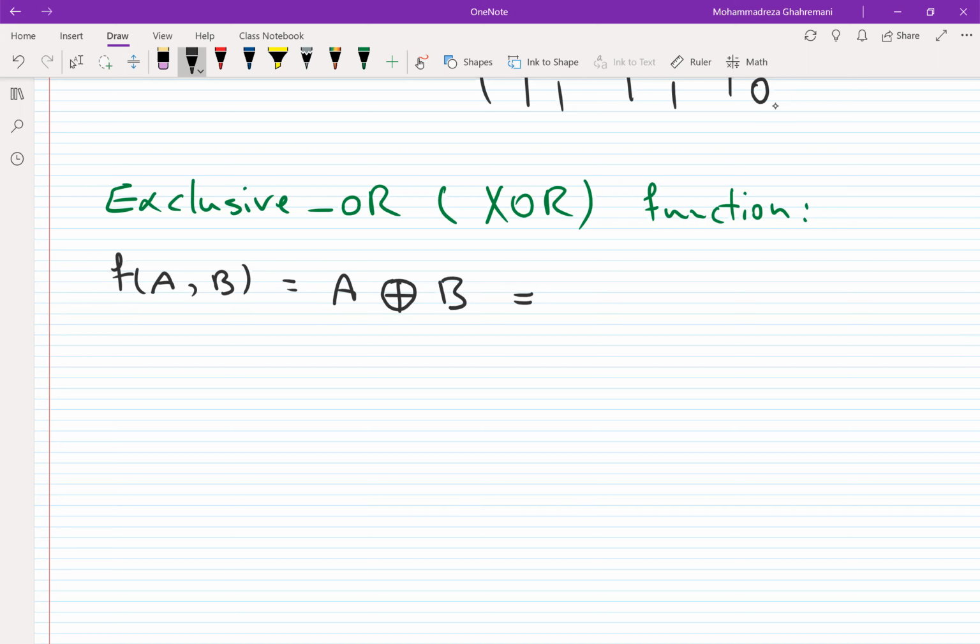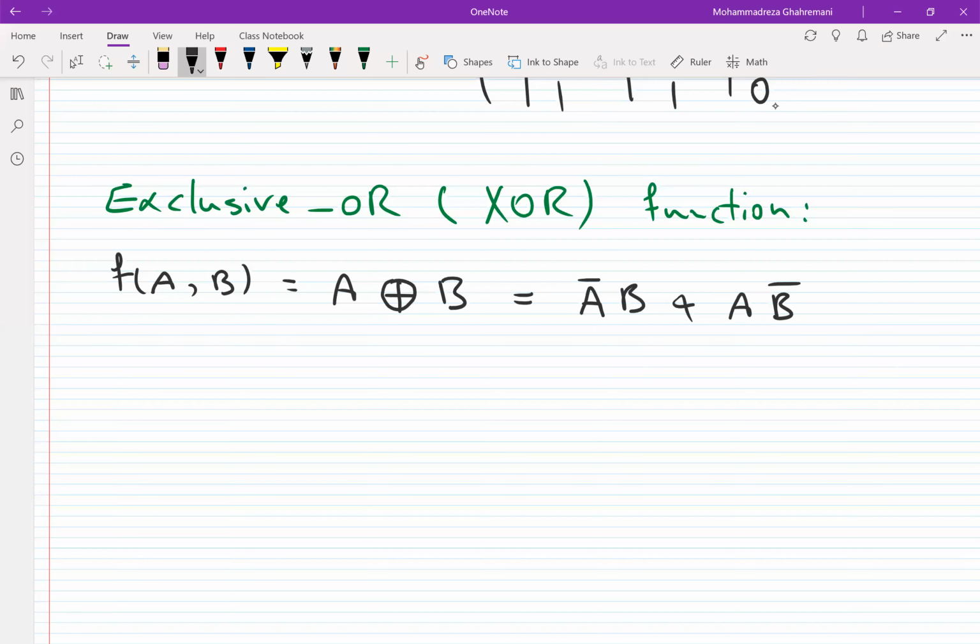If we want to represent XOR function in terms of AND, OR, and NOT, we can say XOR of A and B is equal to A bar B plus A B bar. So this one is XOR function.